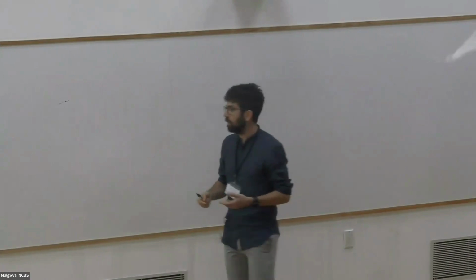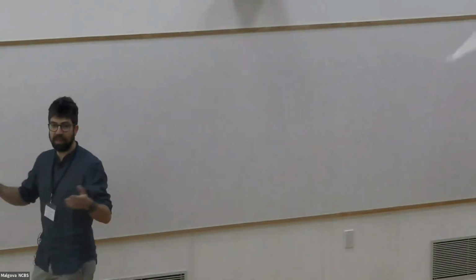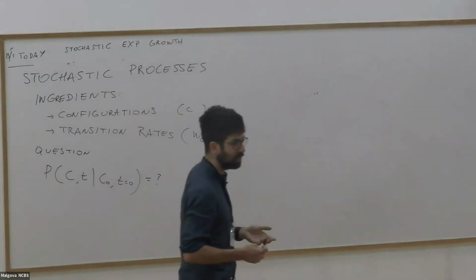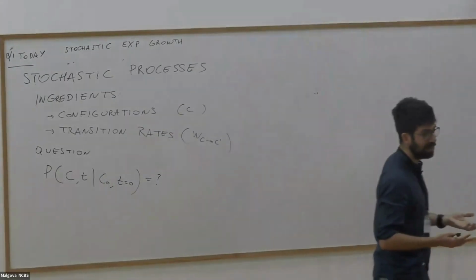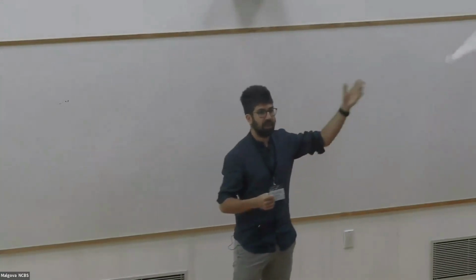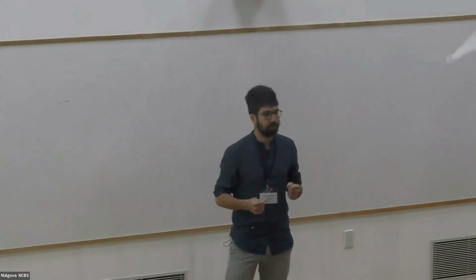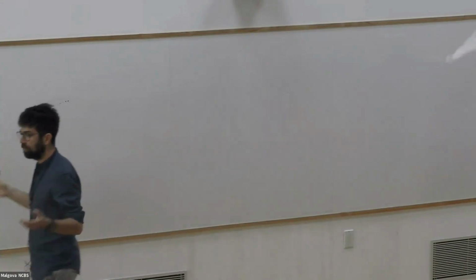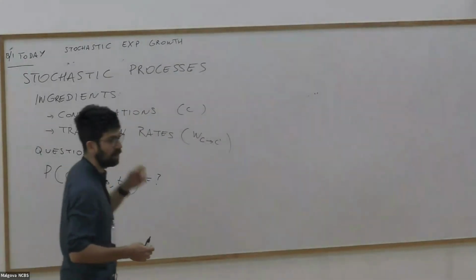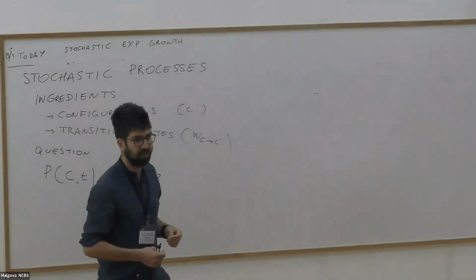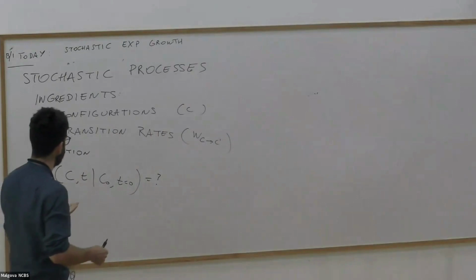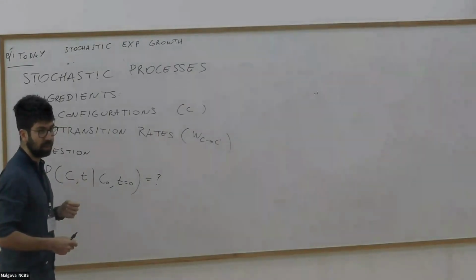In that case, our configurations will be abundances, which in the world that we live in are typically non-negative numbers. We want to know what is the abundance of a given species at a given time in the future. But you can be interested in other processes. If you are interested in the financial market, this will be the value or the price of a given asset, and so on and so forth. So what we want to do is to write an equation for this probability.